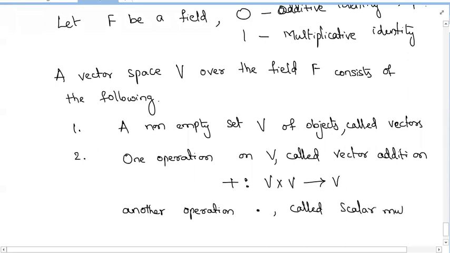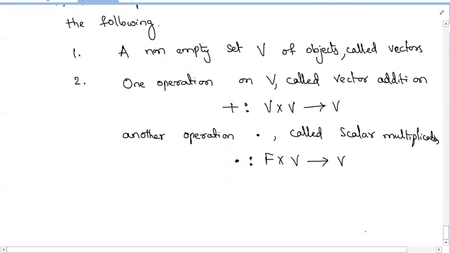This operation is not an operation on V. It is a map from F cross V to V. So that means you take one scalar, scalar means elements of the field, and one vector, an element of V, and if you operate, you will get another vector.